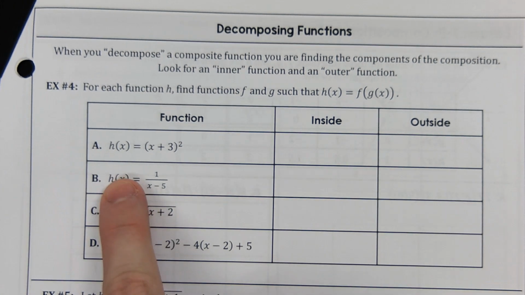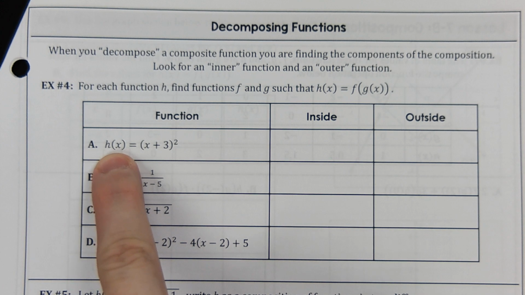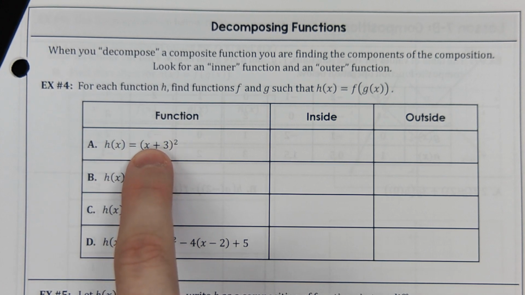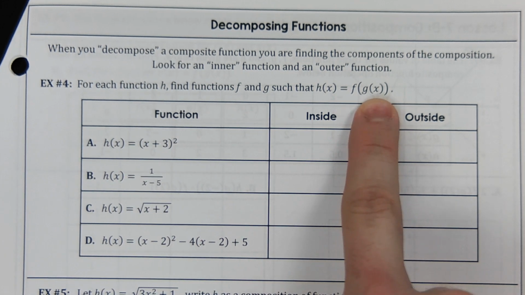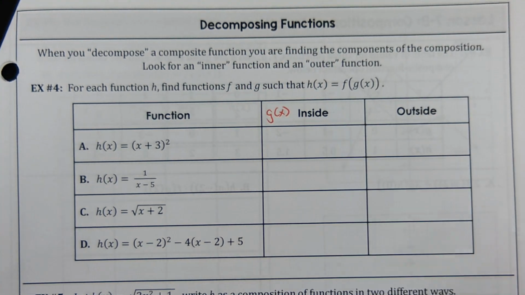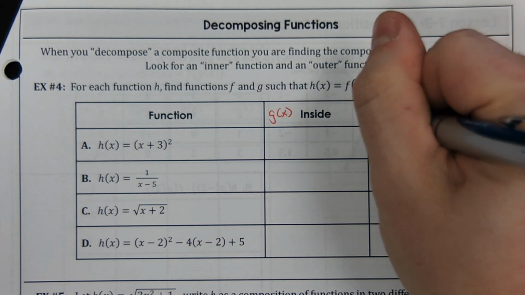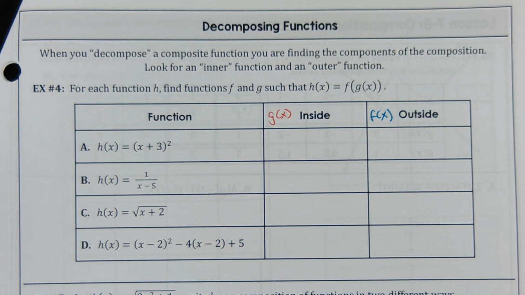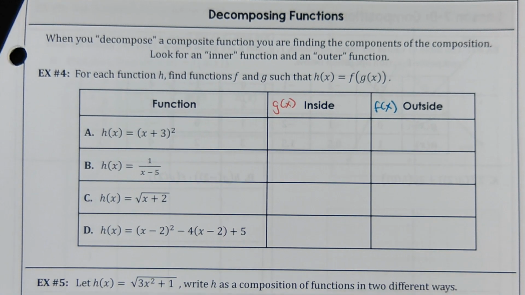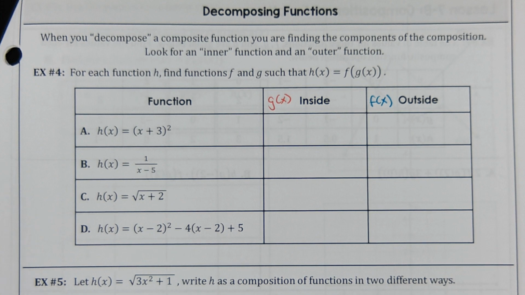Pretend your function is h of x. What we're trying to do is figure out how could I represent this as f of g of x. When it's written that way, you can see that g of x is on the inside. And you can see f of x is the outside. So take a peekaboo here at this quadratic, and then tell me what function appears to be inside something else.